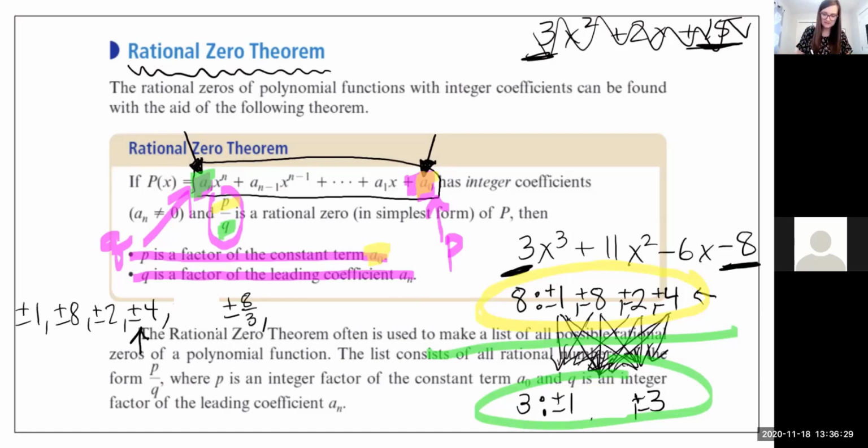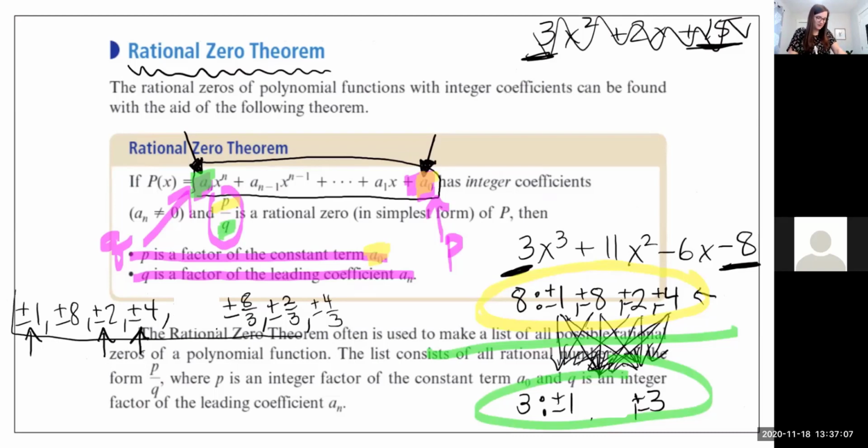So plus or minus 2 over 1, which is already there, and 2 over 3, which is not yet there. Right? Do you see how I'm going systematically? I'm starting with each top number and dividing by all the possible bottom numbers. And then the last one is 4 over 1, which is already there, and 4 over 3, which is not yet there.